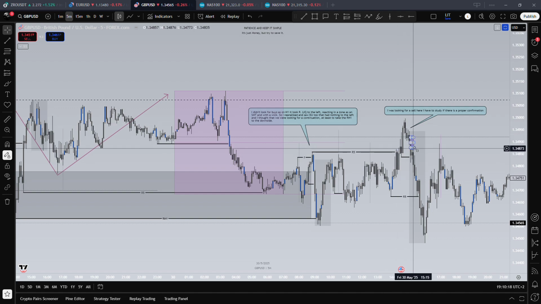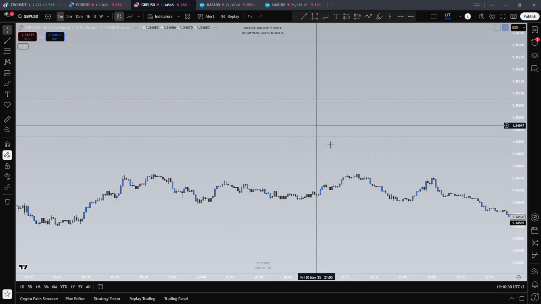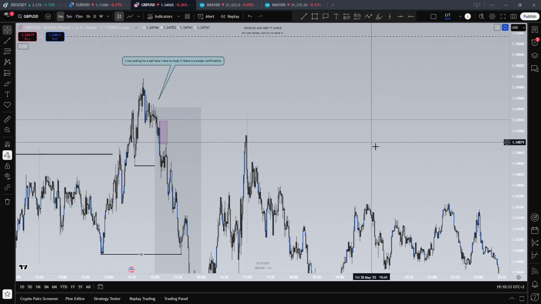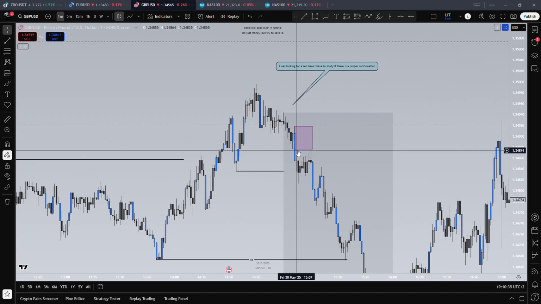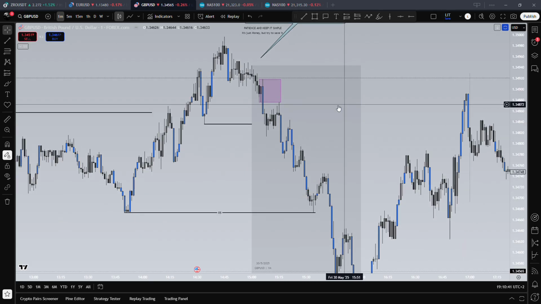But here I was at work, so I saw this break of structure to the downside, and I don't know if I would have traded that because the POI was here or here, maybe on H1 or M1, because it was all mitigated. So maybe I was waiting for this high to be taken, but maybe with this POI we could have looked for a sell.